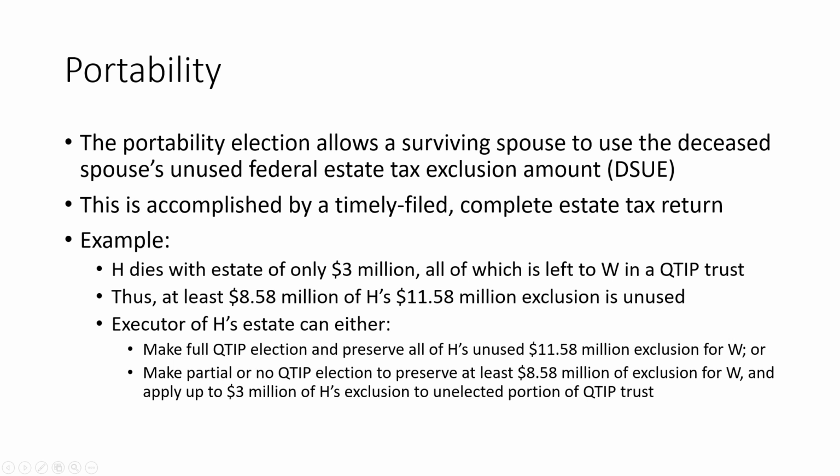So Q-tip elections are a separate discussion, but that's really a switch you can turn to determine in whose estate, husband's or wife's, the assets would be taxable as long as they're in a qualifying marital trust structure.